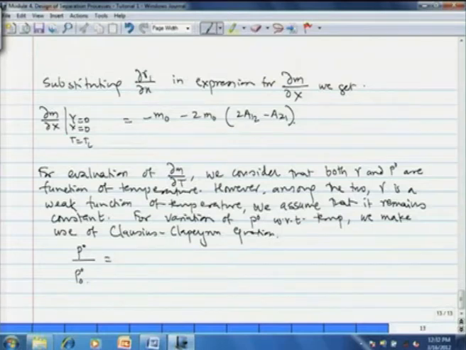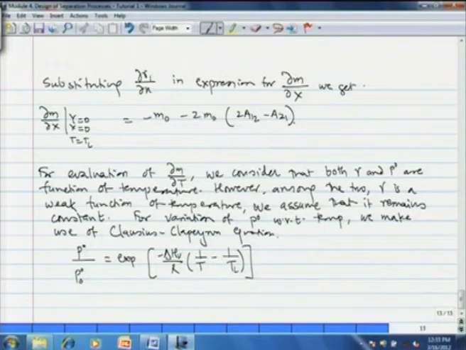P naught divided by P naught naught, that is at reference condition, is equal to exponential of minus delta HV by R, the heat of vaporization, into (1 by T minus 1 by TL). Okay. So, reference temperature we take as the inlet temperature of liquid.